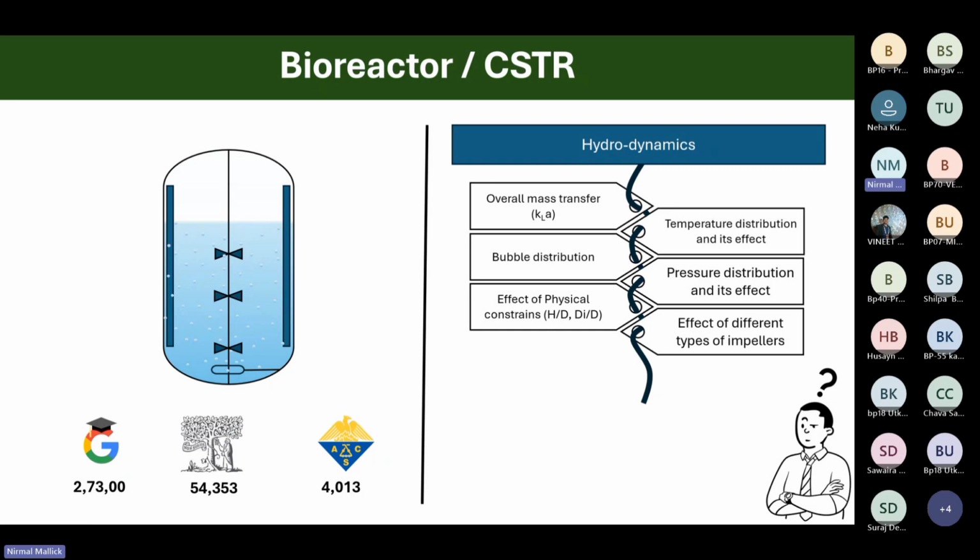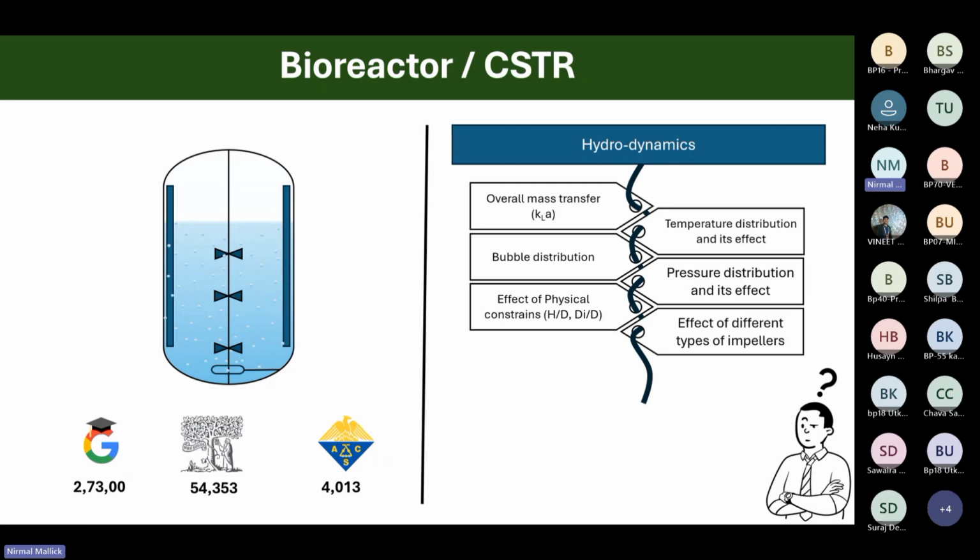This has been studied long before. But the temperature distribution, the pressure distribution effects, and the effect of different types of impellers are areas where you can surely work at present, and people are already doing some research in that direction.